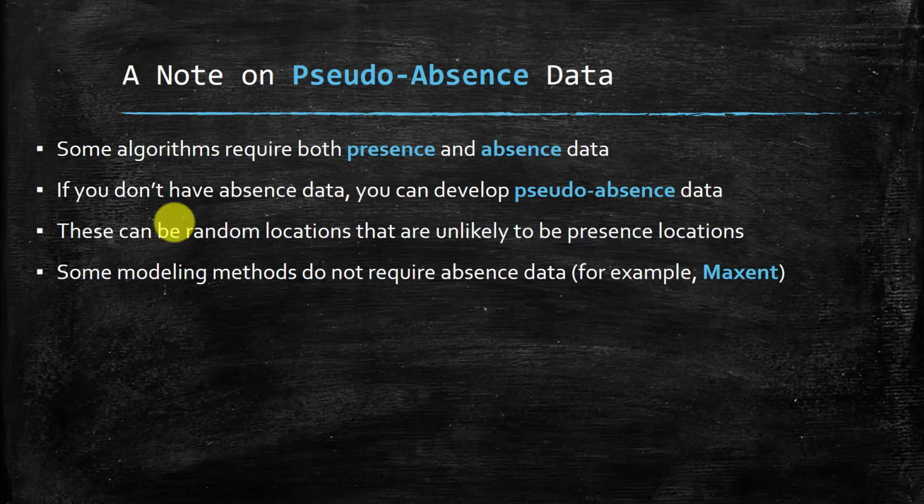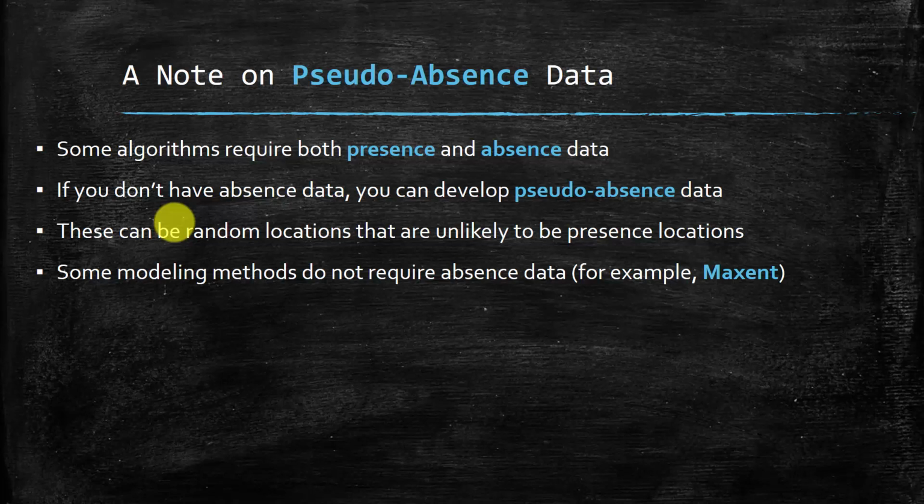So that's the concept of pseudo-absence data. Again, in some situations that might be hard to do because there could be a good chance of an unmapped location being the thing that you want it not to be. So it wouldn't really be absence.